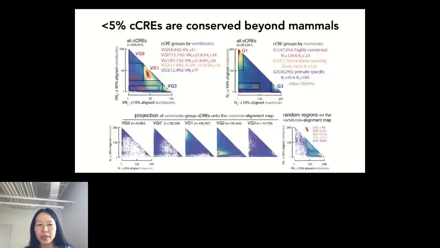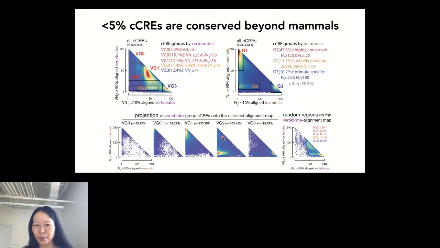Okay, with this detailed analysis, we wanted to know how that compares with the vertebrate analysis. So we went back, used the 100 vertebrates, and performed the same analysis. In the equivalent heat map, as you can see here, most of the density shows up here. What that means is most of the cCREs are only conserved up to mammals, and only 4% of the cCREs are conserved beyond the mammals to earlier lineages.